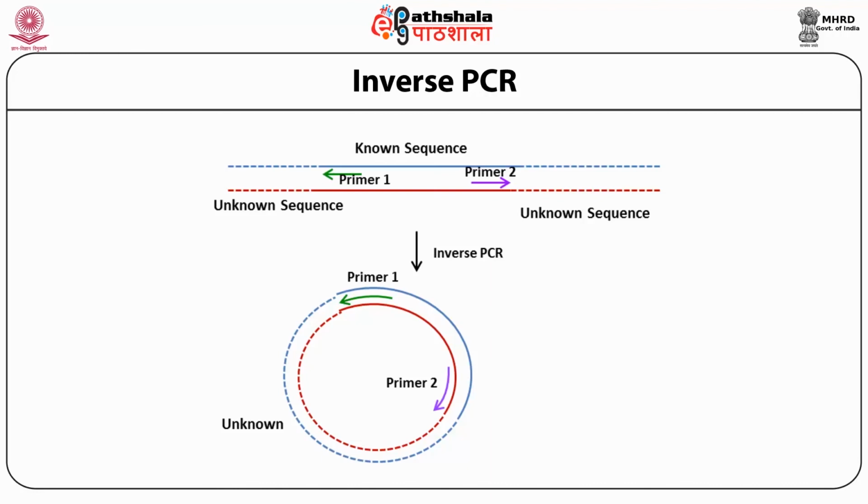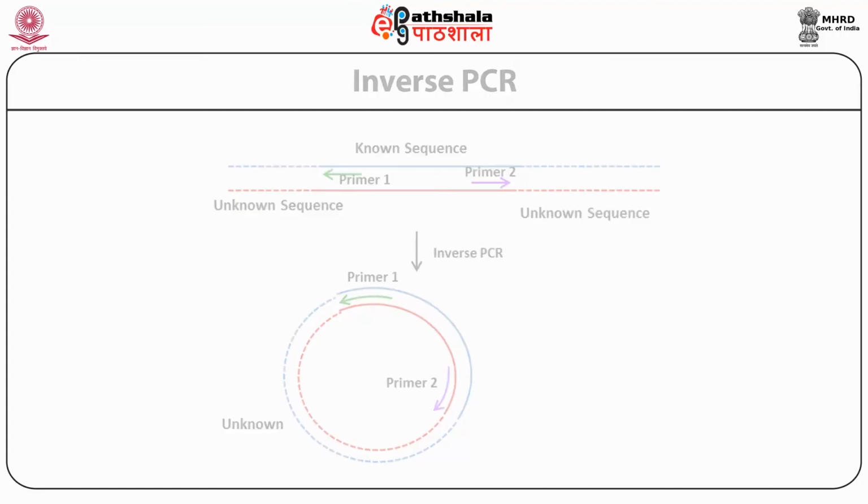By inverse PCR, a target region with an internal section of known sequence and unknown flanking region can be identified. Dear students, let me summarize what we have discussed.